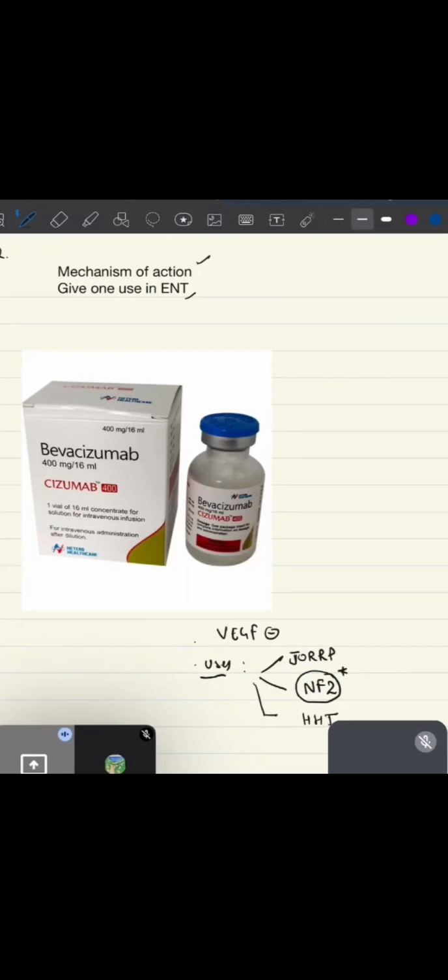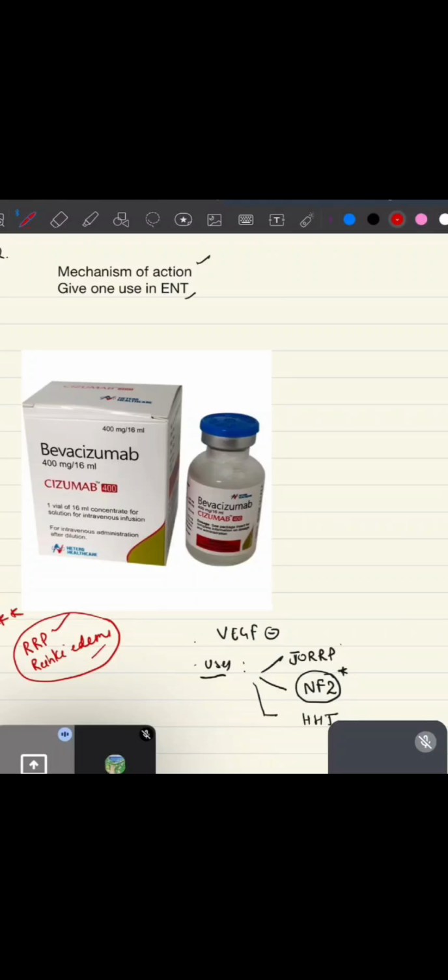Let me put two important questions here only: RRP and Reinke's edema. This will be repeated multiple number of times, but make a note of it. This is an important question: the endoscopic image, the grading system too, and the treatment.